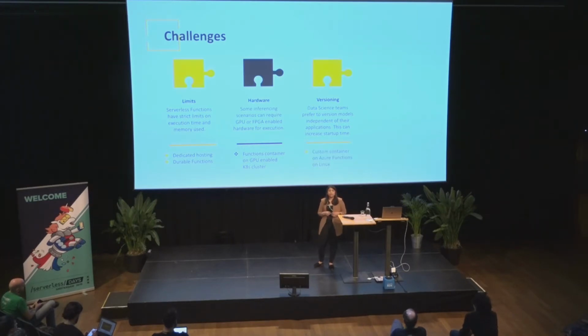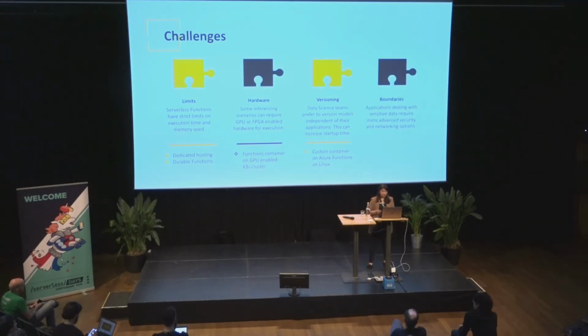One of the options that you can consider here is to go ahead and deploy your own custom container to Azure Functions, in which case you can pretty much pull your function application code and the model from different sources while you're updating and deploying a new image. And then finally, as you start to deal with data, there are more and more requirements in terms of security and networking options.